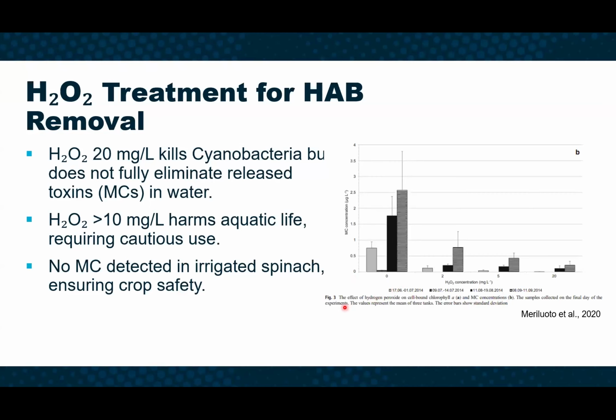However, we have killing the kind of bacteria and also removing the toxin. But the concentrations that show the best results would be toxic. We should be thinking of concentrations less than 10 milligrams per liter.